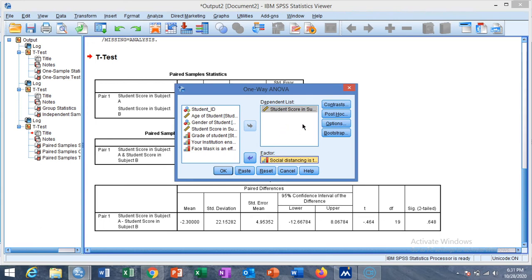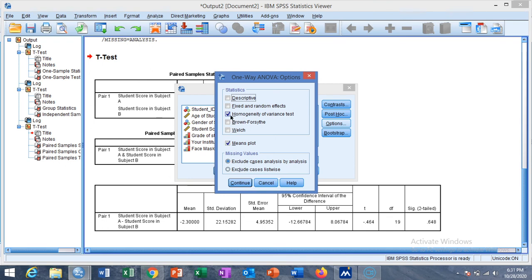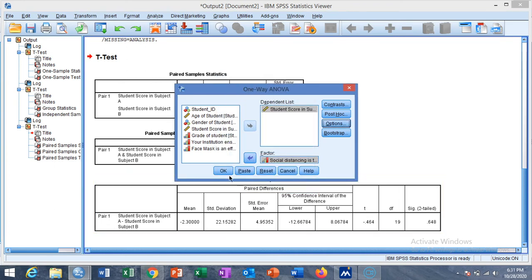So just go to the option and you can test the homogeneity of variance, to see whether the variances of the five groups are the same or not. You can also draw a mean plot, and if you want to exclude missing values, you can click on this option and then click on continue.